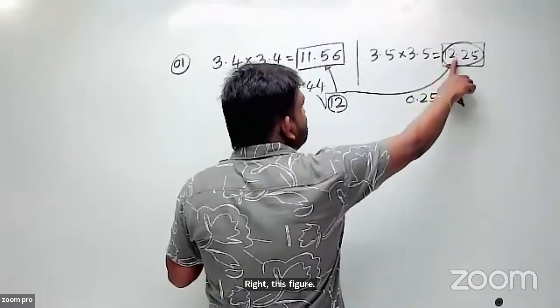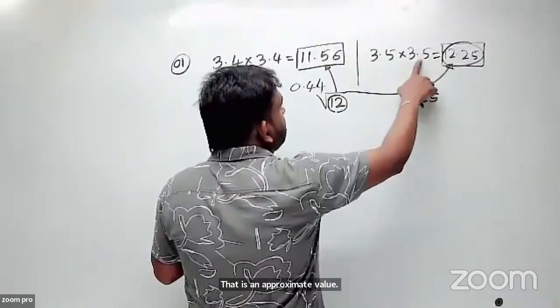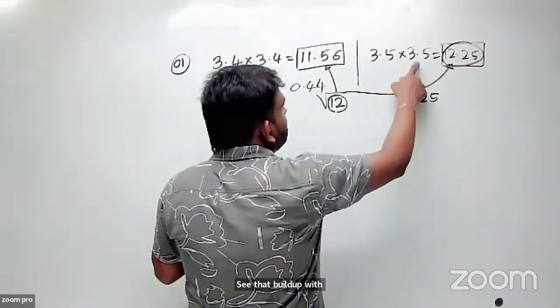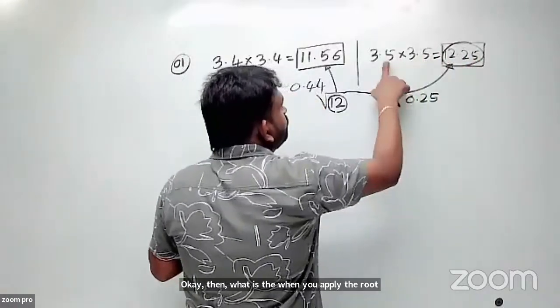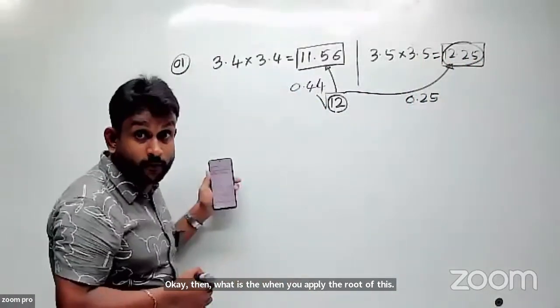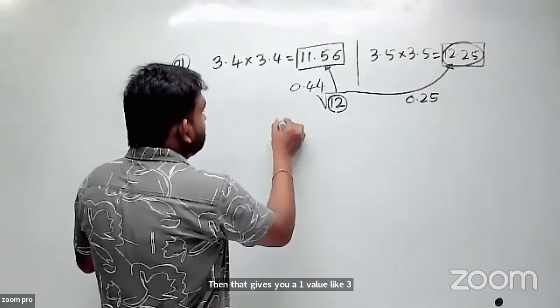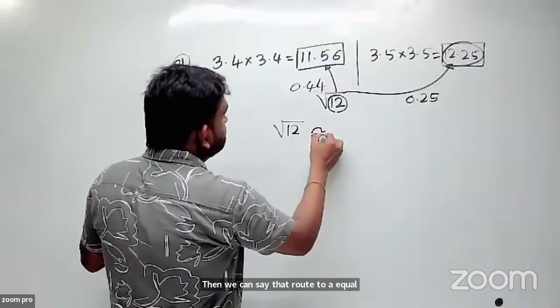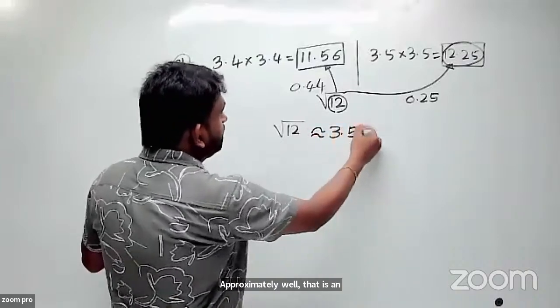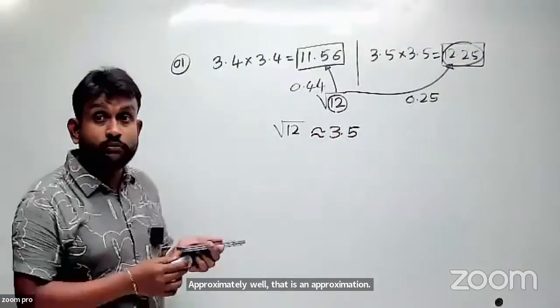Then see that this is built up from 3.5 into 3.5. When you apply the root, it gives the value 3.5. So we can say that root 12 is approximately equal to 3.5. What is the logic here?